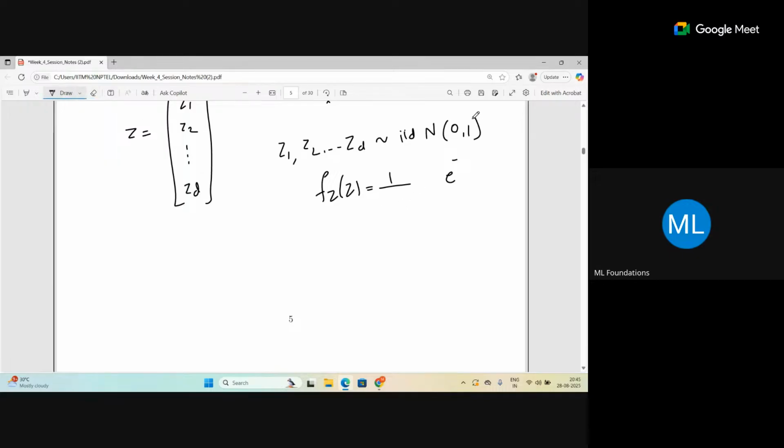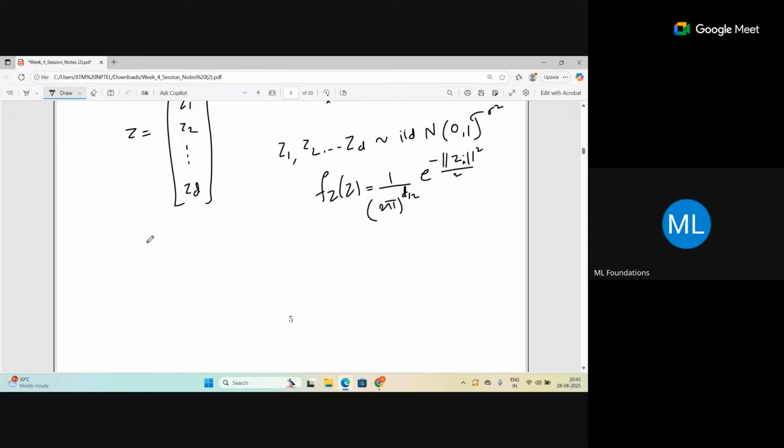Sigma is 1, so this is 1 upon 2 pi to the power d by 2, e to the power minus the summation of z_i square by 2.